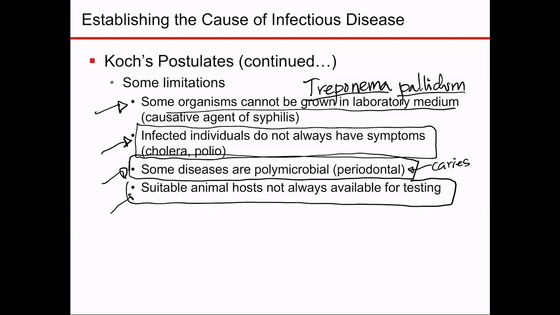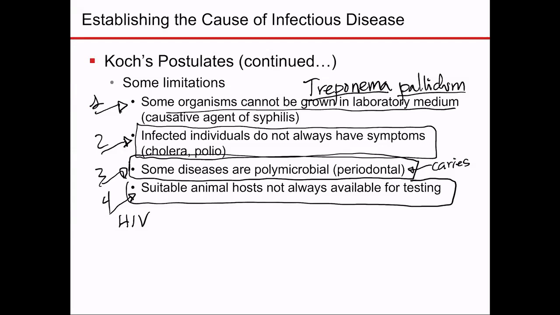For example, HIV, it's hard to reproduce that disease in animals, although today, some very special models have been developed in mice, for example, where some events can be reproduced. So when you have any of these issues, it's going to be hard to use the Koch postulates.